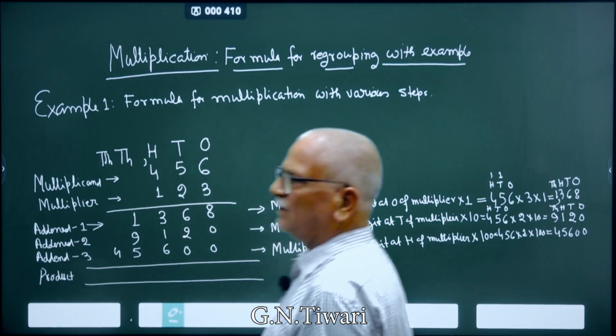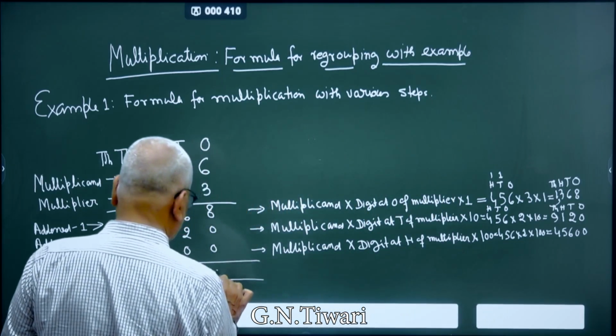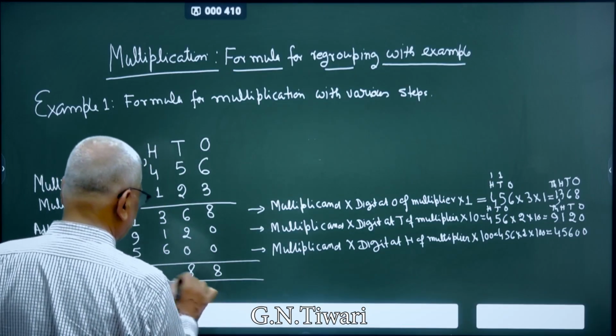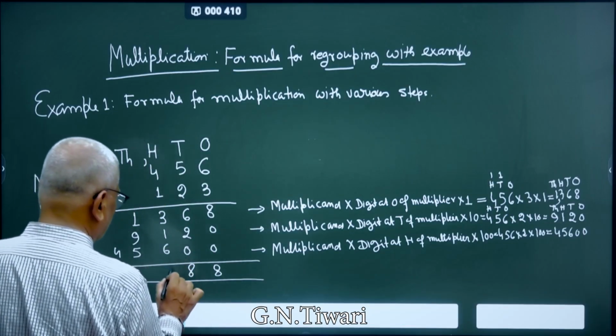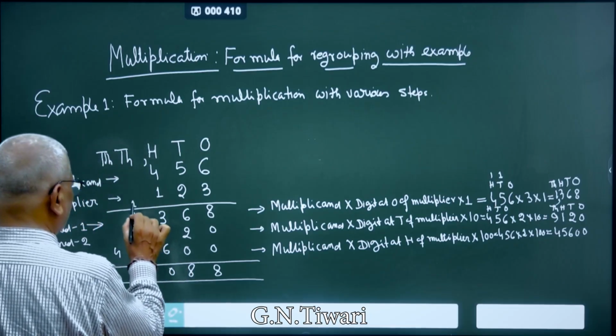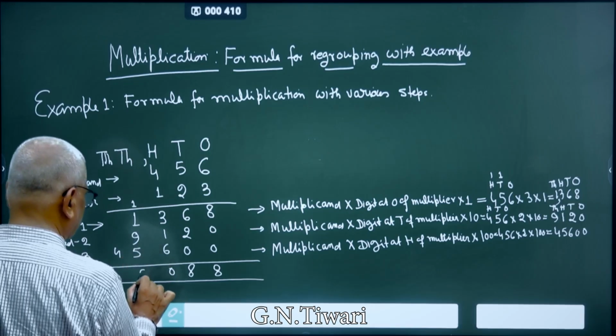Very simple. Add the products: 8, 6 plus 2, 8, 3 plus 7 plus 3, 0, 1 here is carry over, 1 plus 1, 2, 2 plus 9, 11, 5, 16.